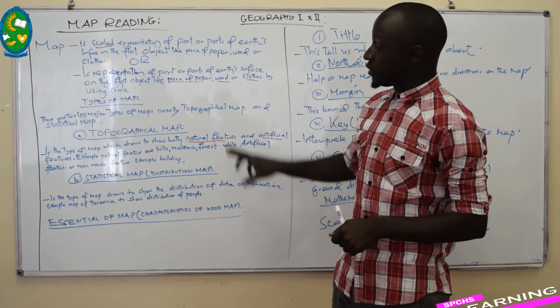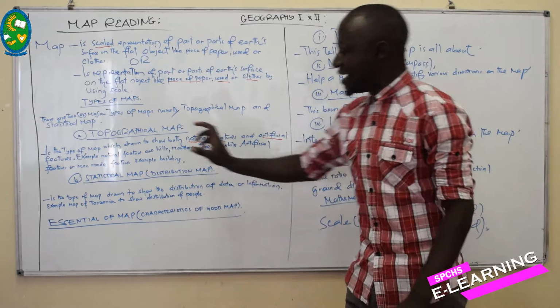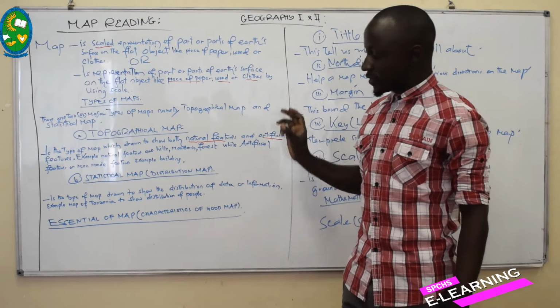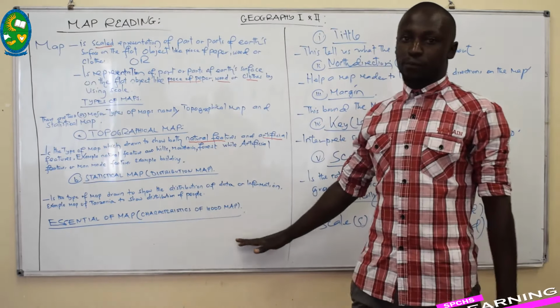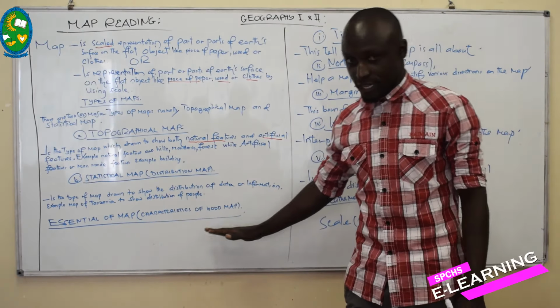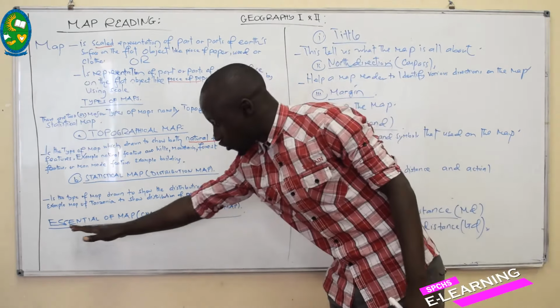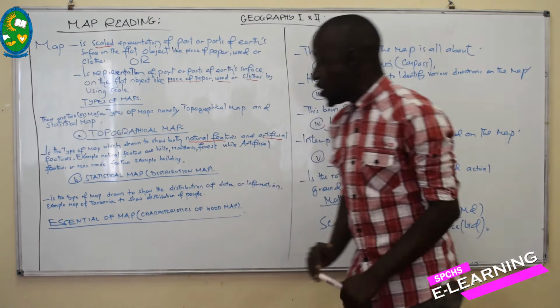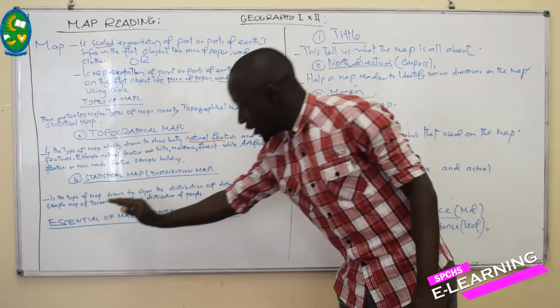After understanding these two major types or categories of map, that is topographical map and statistical map, let's discuss another important part of this topic, that is essentials of map. Before we proceed, it's better to understand another name for essentials of map: you can say essentials of map or characteristics of a good map.